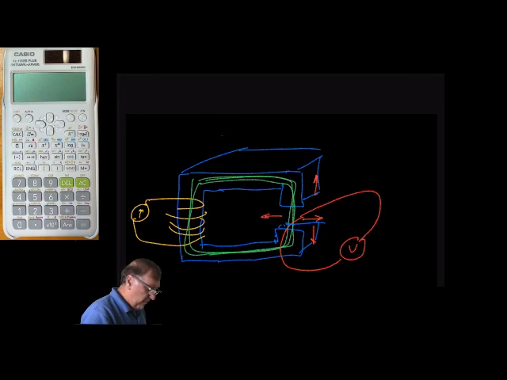If you move the wire horizontally, back or forth, that will induce a voltage because you're cutting across the magnetic lines of flux. If you move it in the vertical direction, you would see 0 volts.